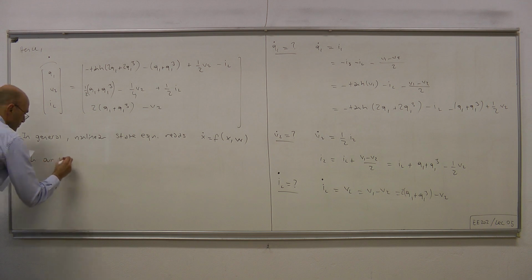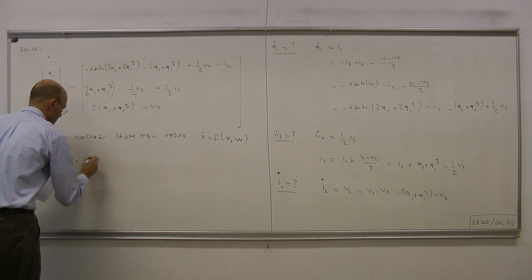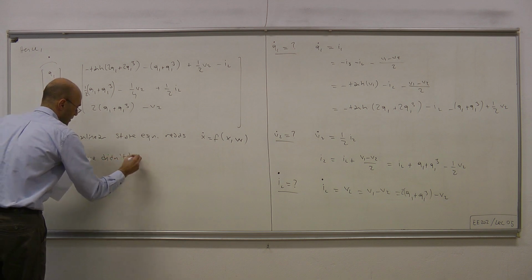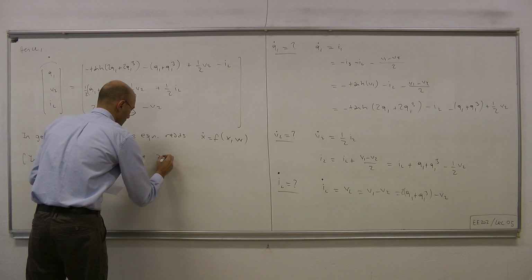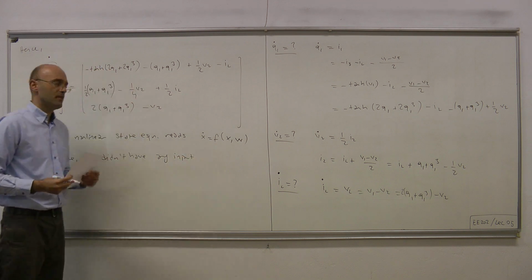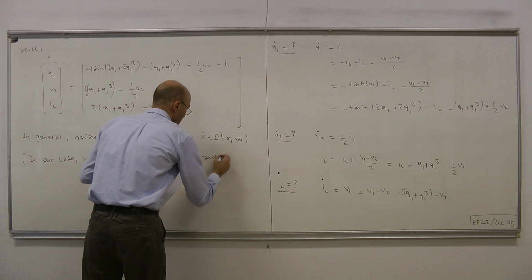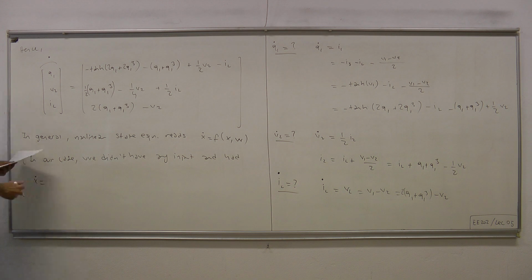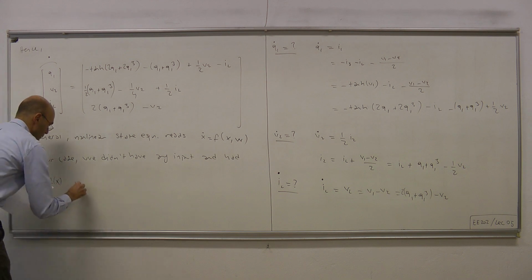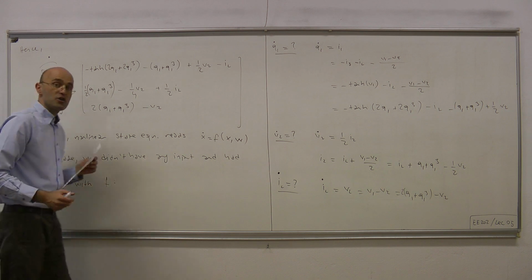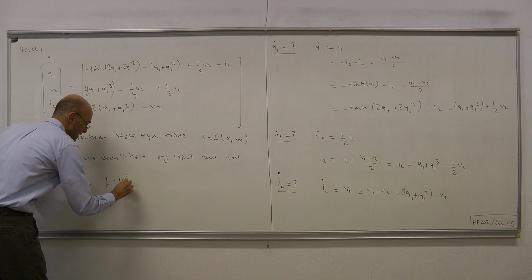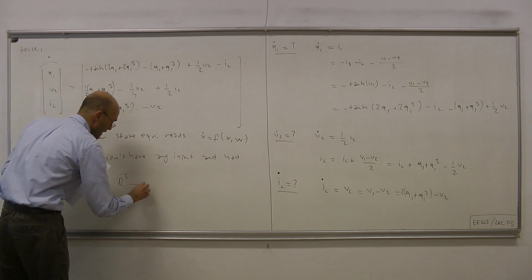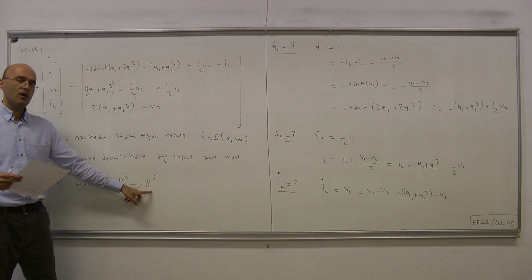In our case, we didn't have any input, therefore we have a slightly simpler expression: X dot equals f of X only, where f is a function, or a mapping, that takes vectors from R3 and maps them to other vectors in R3.